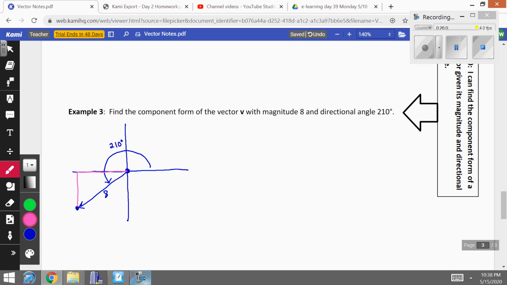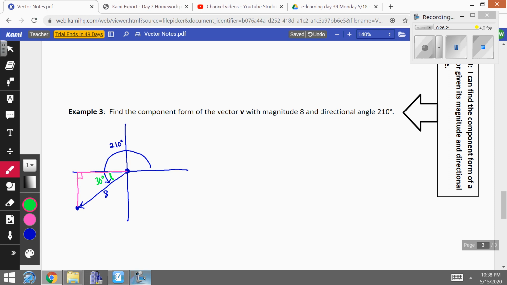Now, this is really just a right triangle. We need to know a little more information about the triangle. We need to know this angle in here, and we should know that. If the whole thing is 210 and right at the horizontal is 180, we know that is a 30-degree angle. Now, you could either use trig or, if we know this is a 30, 60, 90, we could do it that way.